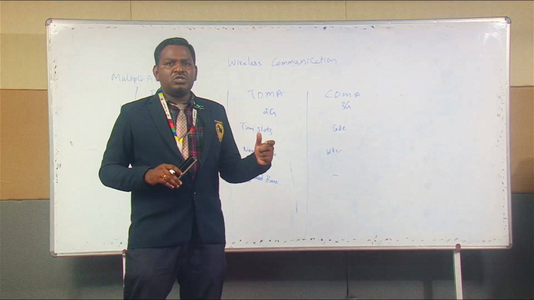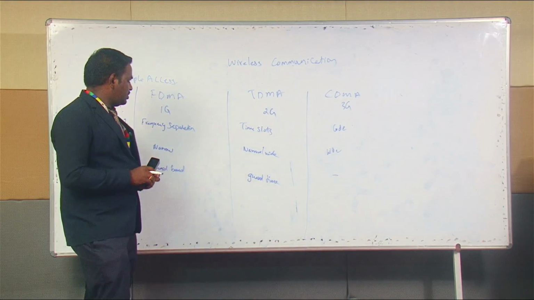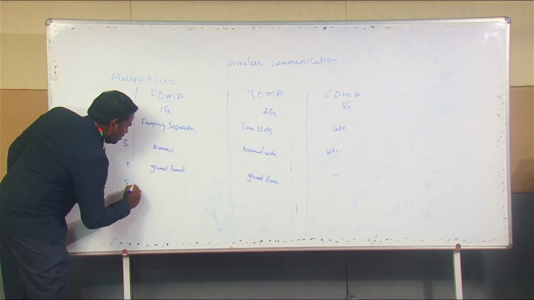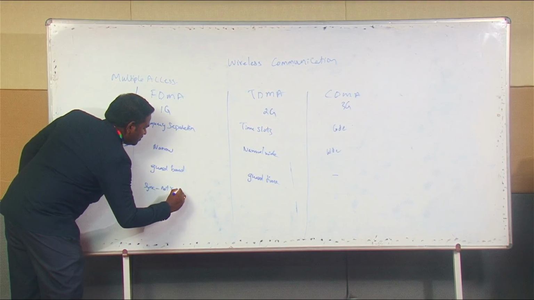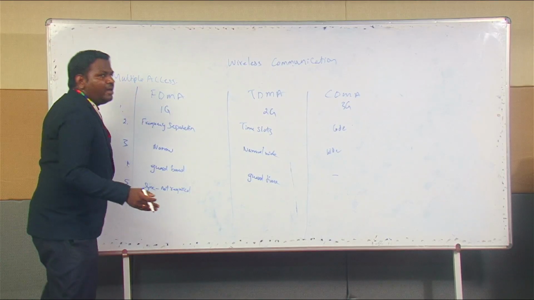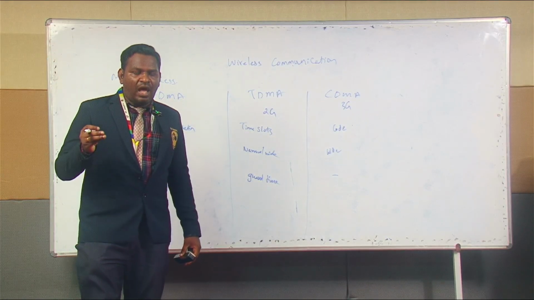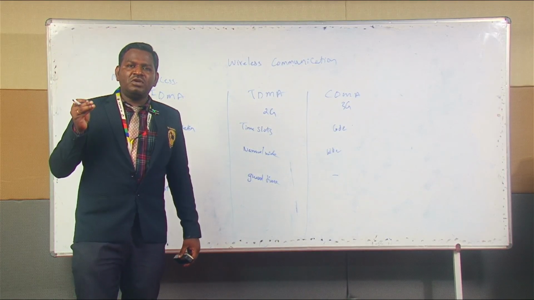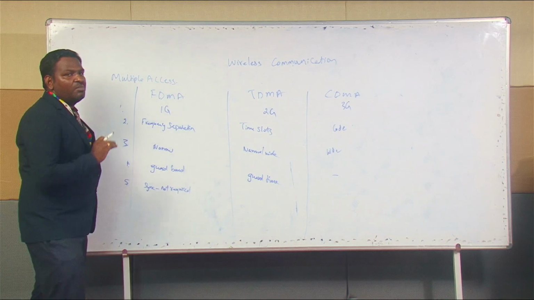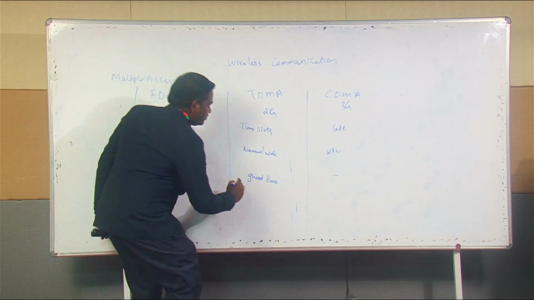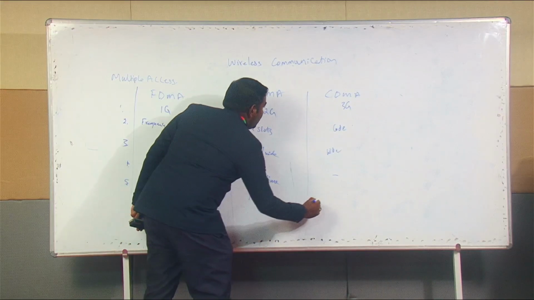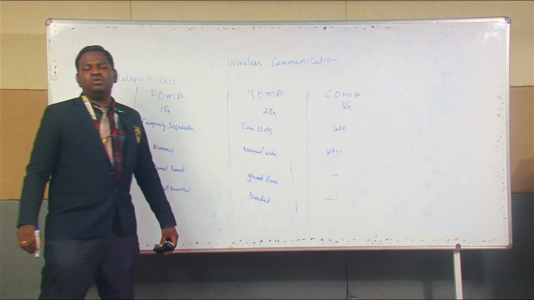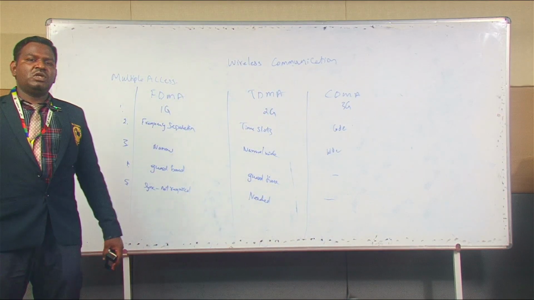In FDMA, synchronization is not required. But in TDMA, since we are handling time, synchronization is needed for better communication. And in CDMA also, we don't need any type of synchronization.